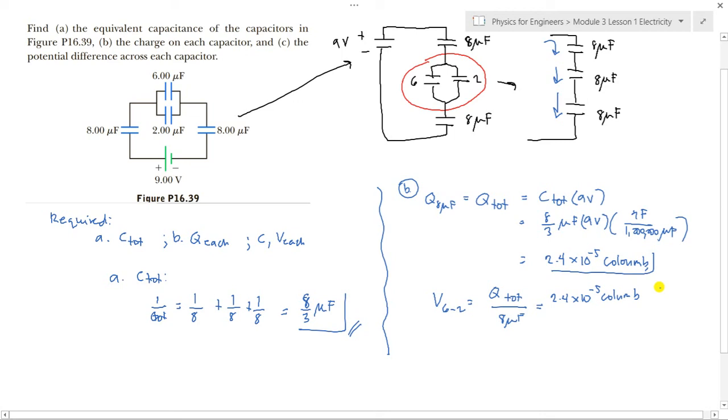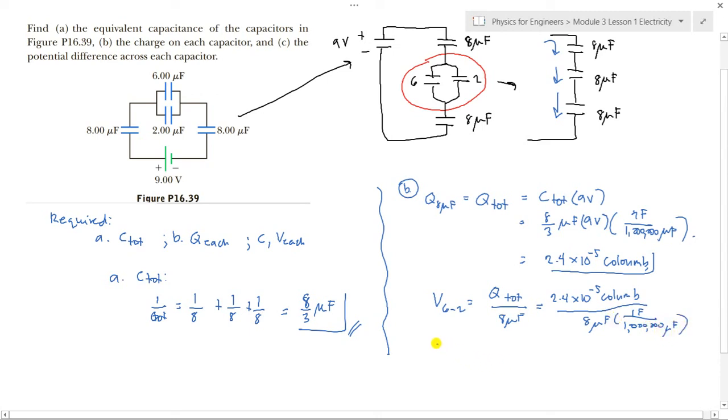Okay, so the charge is equal. So this would now become all over 8 microfarad times 1 farad over 1 million microfarad.